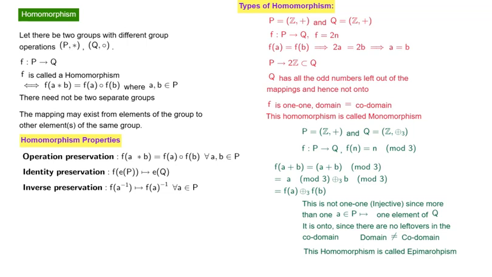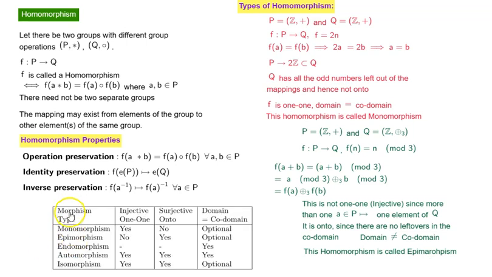So let's look at a table. We have the morphism type, whether it is 1 to 1 or not, whether it is onto or not, whether domain equal to codomain is a requirement or not. So when we say monomorphism, it is 1 to 1. It is not onto. Domain equal to codomain is optional. If it is there, fine. If it is not there, fine.